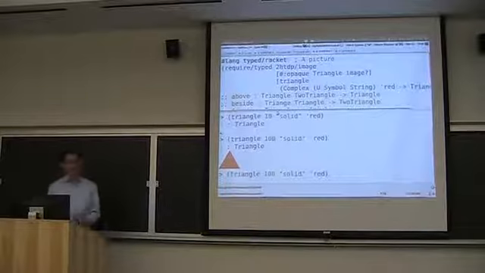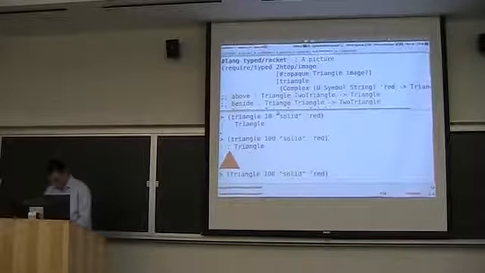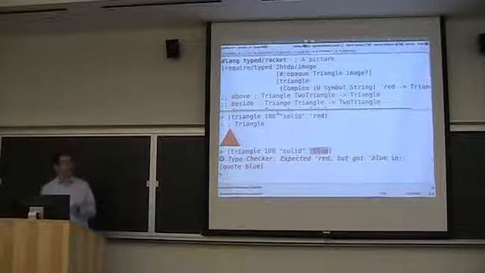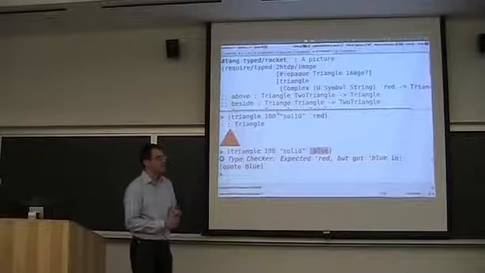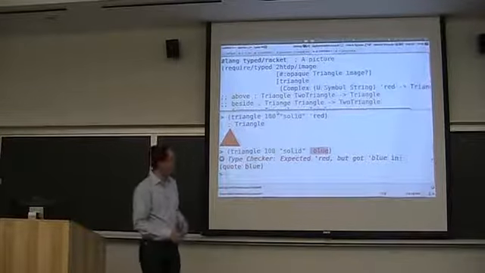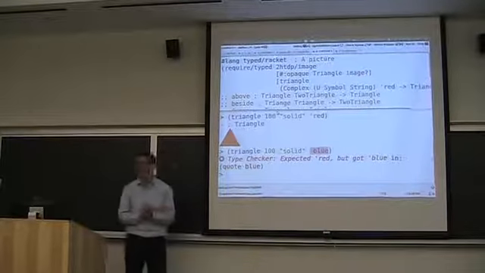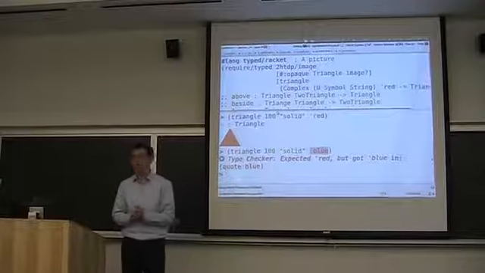What if I wanted a blue triangle? Well, tragically, I'm out of luck. How about a triangle of the square root of -1 solid red? We'll get to you in a second. This demonstrates another interesting feature of typed Racket.